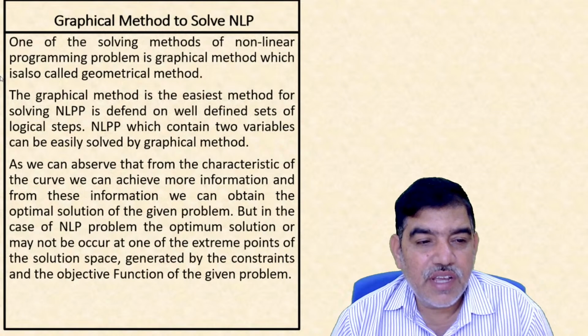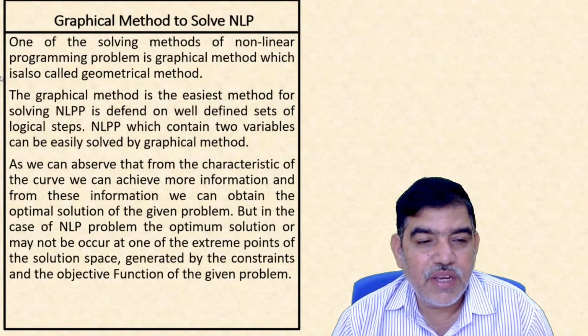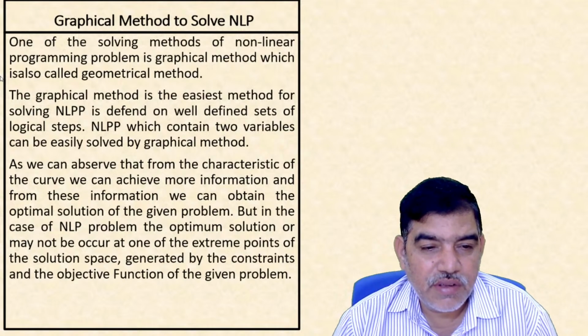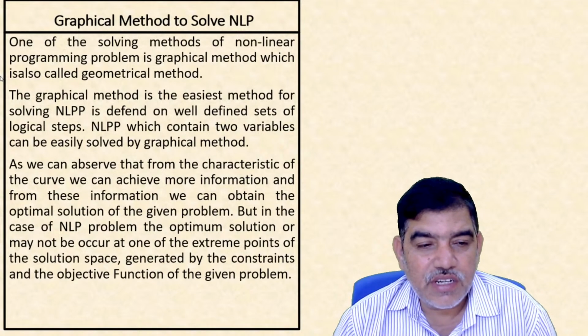But in the case of an NLP problem, the optimum solution may or may not occur at one of the extreme points of the solution space generated by the constraints and the objective function of the given problem.